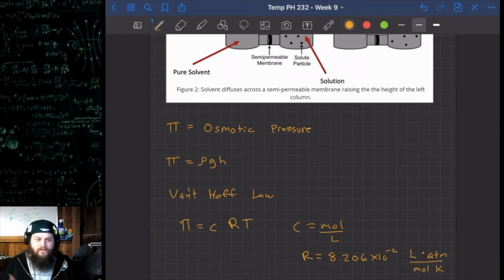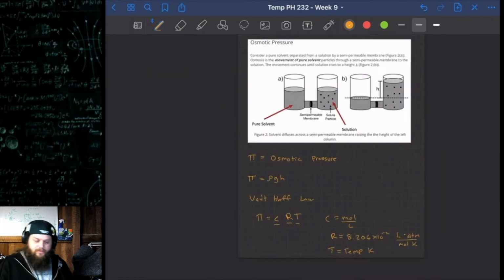That's just a constant value. We use it in the ideal gas law as well. It's really useful in chemistry. The temperature is going to be our temperature in Kelvin. And we can use this, knowing the concentration of the solution, the R, and the temperature, to solve for osmotic pressure.